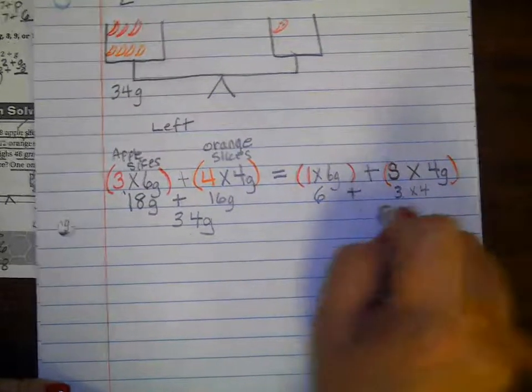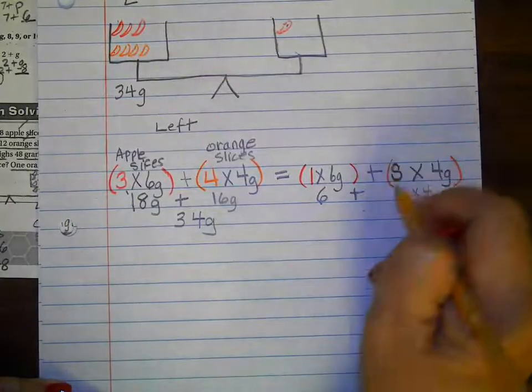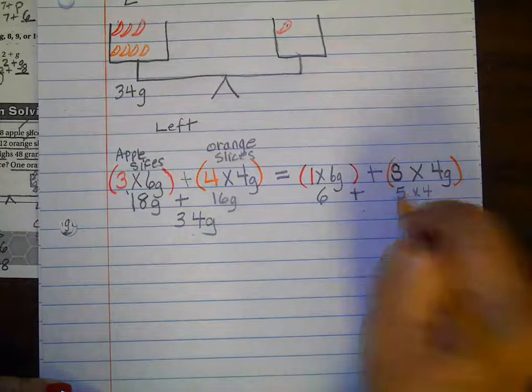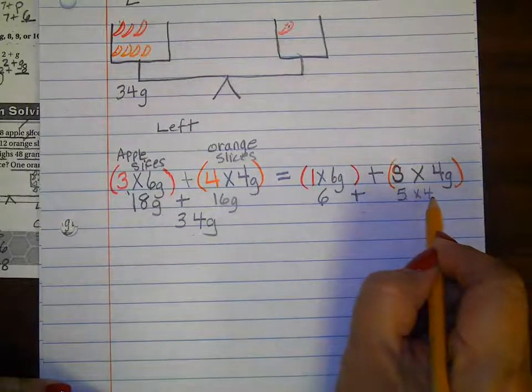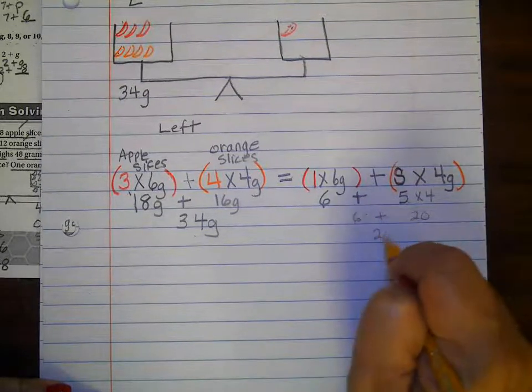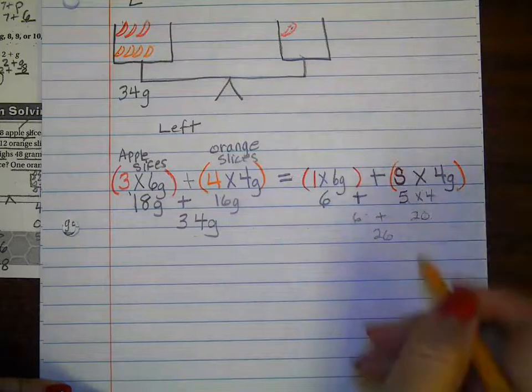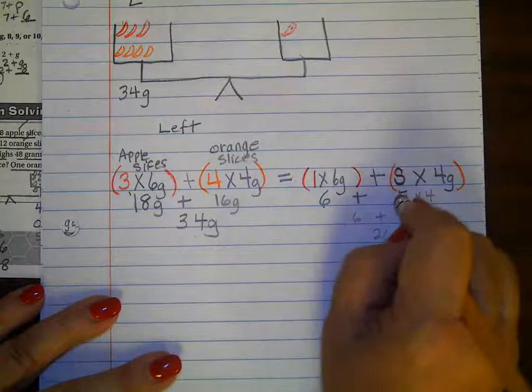I need to get to 34. So I'm going to go to a bigger number. We can keep going to 4. Let me try 5. Just want to go larger. If I had 5 orange slices times 4 grams each, that's 20. 20 plus 6, that equals 26. Is that equal? No, it's not. So can I keep getting higher? Yes.